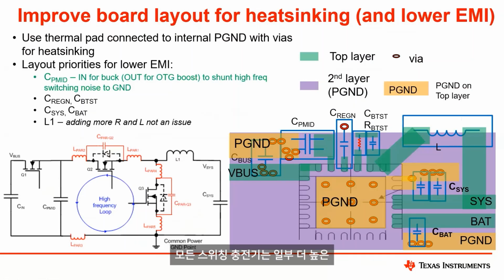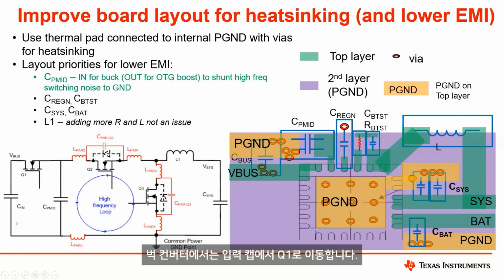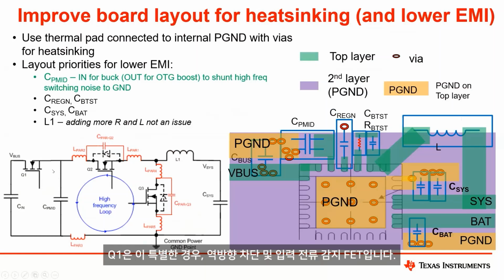So all switching chargers have the potential to emit noise up into some higher frequency ranges, and the diagram at the lower left shows us the problem current flowing loop that we have. So in a buck converter, you go from the input cap through Q1. Q1 is, in this particular instance, our reverse blocking and input current sensing FET.